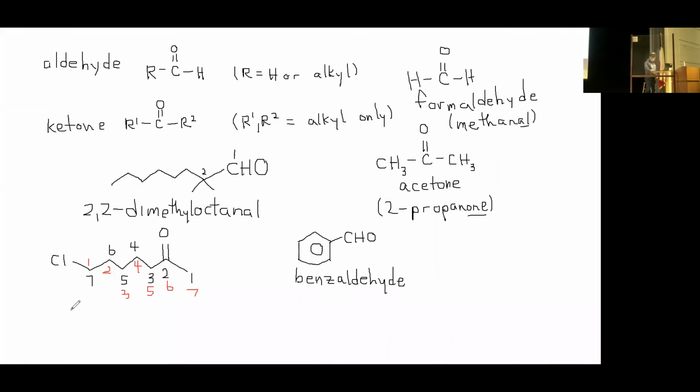I think the ketone would take priority. I think we're best calling that 7-chloro-2-heptanone. And certainly without the chlorine, this would just be plain 2-heptanone.